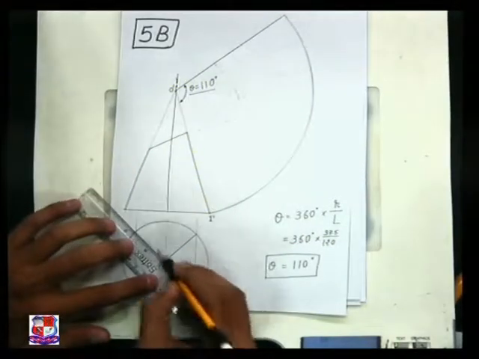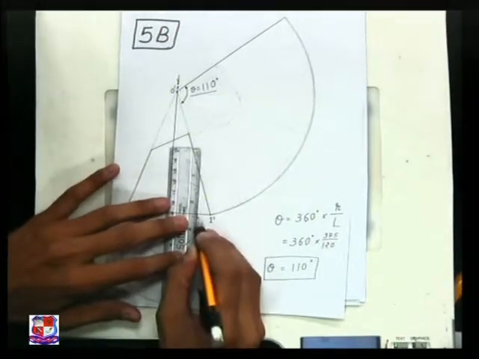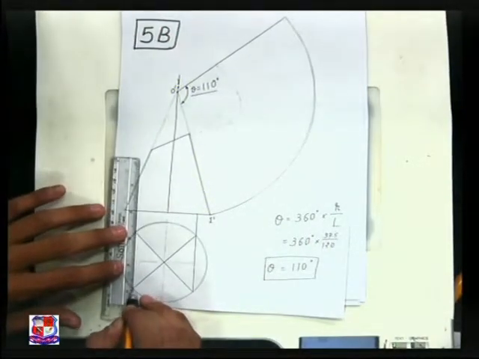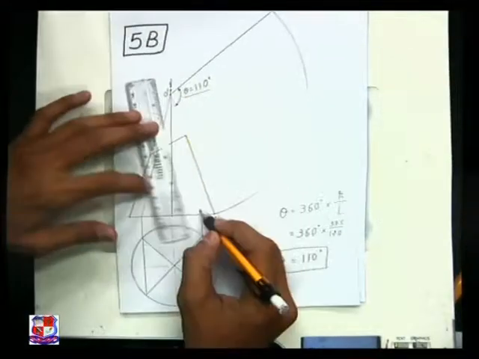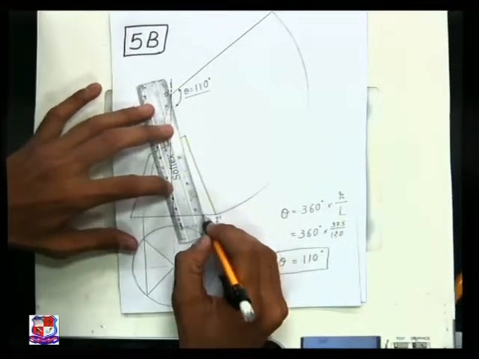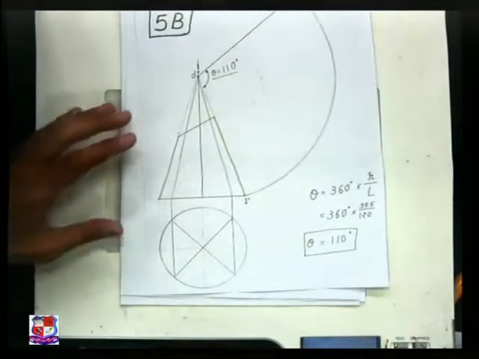So draw imaginary generators on its top view and on its front view by the conventional methods like this, and draw imaginary generators here like this as well. Name the points.